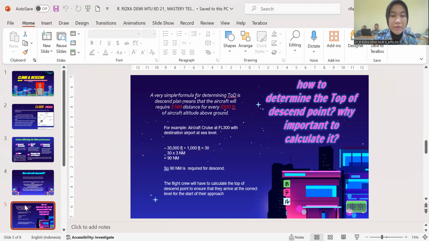For example, an aircraft cruises at flight level 300 with the destination airport at sea level. So 30,000 feet divided by 1,000 feet is equal to 30. And then this 30 is multiplied by 3 nautical miles, because we need 3 nautical miles for every 1,000 feet, right?